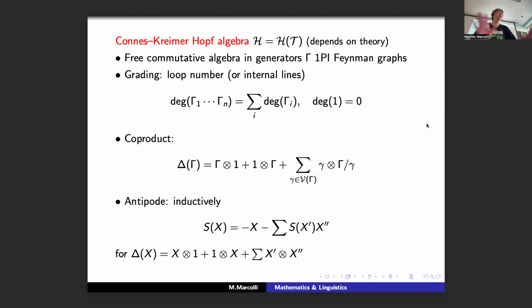The product is always the disjoint union, for all of them. That's another example of the fact that the coproduct is more subtle than the product here. The product is the same for all of them. The coproduct is not just decomposing according to the product. There's something more subtle, and this other part is theory dependent, while the product is not. So which one is more informative about the divergences?